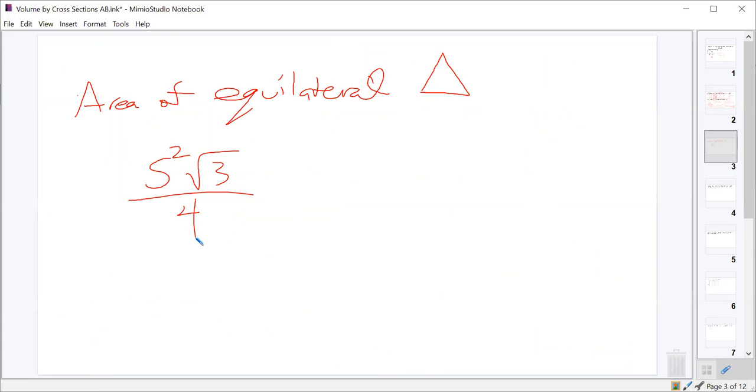You should know that formula. If you don't know it, just memorize that. It's easy. S squared root 3 over 4. You can use right triangle trig to figure it out, but I don't think that's a good use of our time at the moment. So just know that formula.